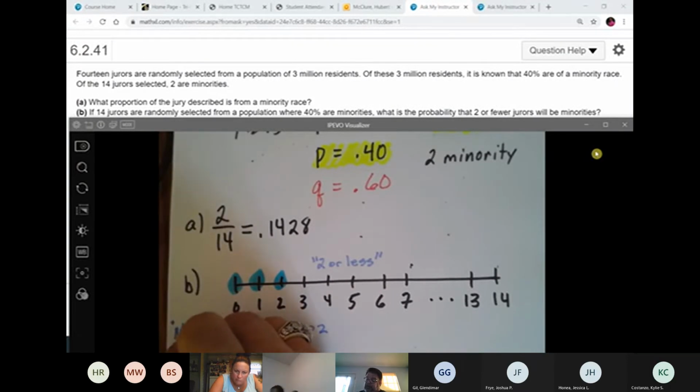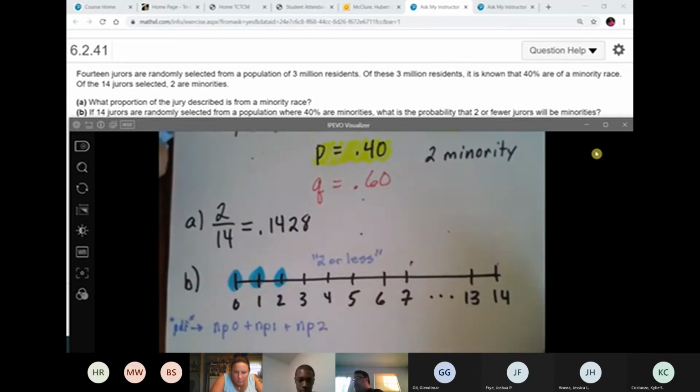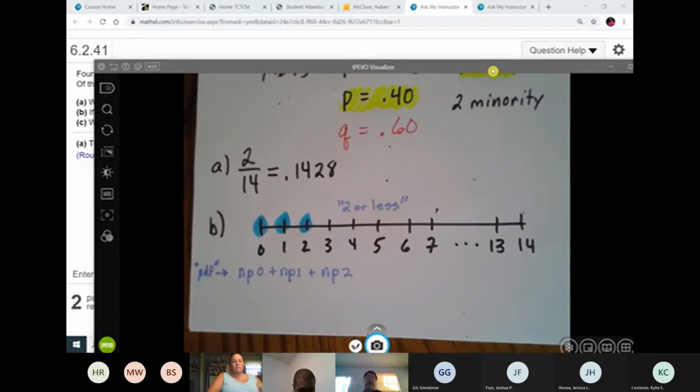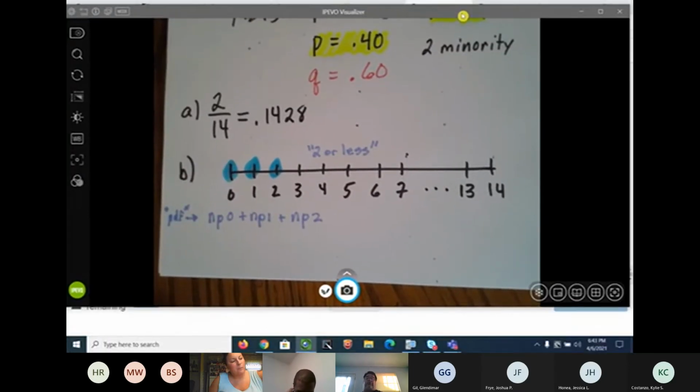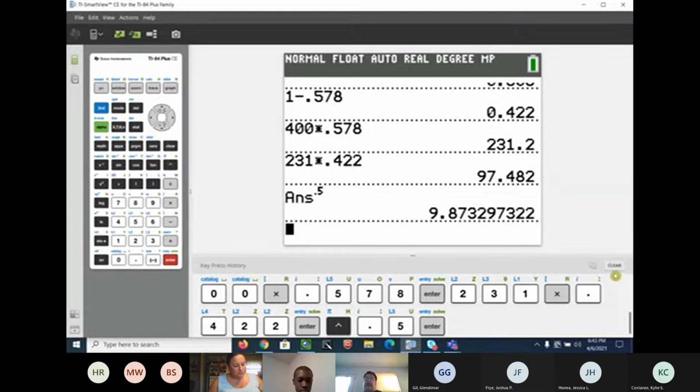If I just use PDF, I would have to do 3 separate calculations: 14, 0.4 and 0, 14, 0.4 and 1, and 14, 0.4 and 2, and add those 3 together. But since our calculators have cumulative, we're going to take our handy dandy calculator and do the cumulative function. So I want everybody to do the cumulative function on their calculator.